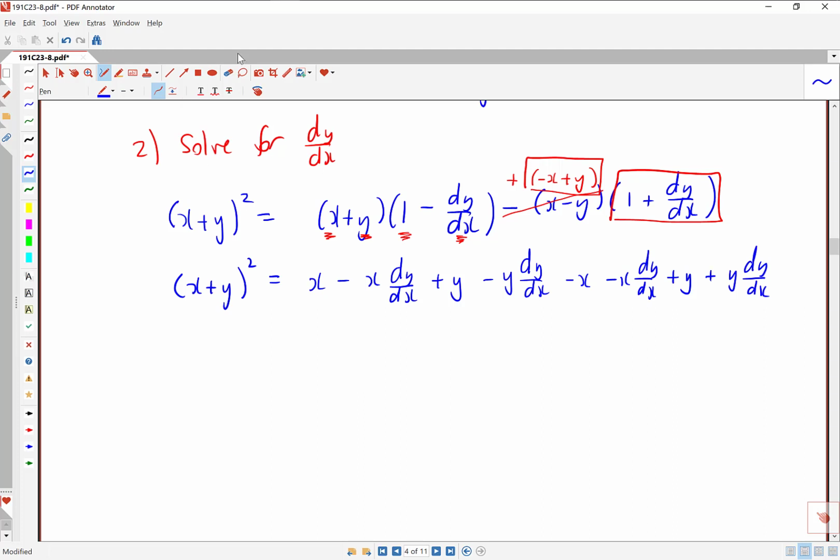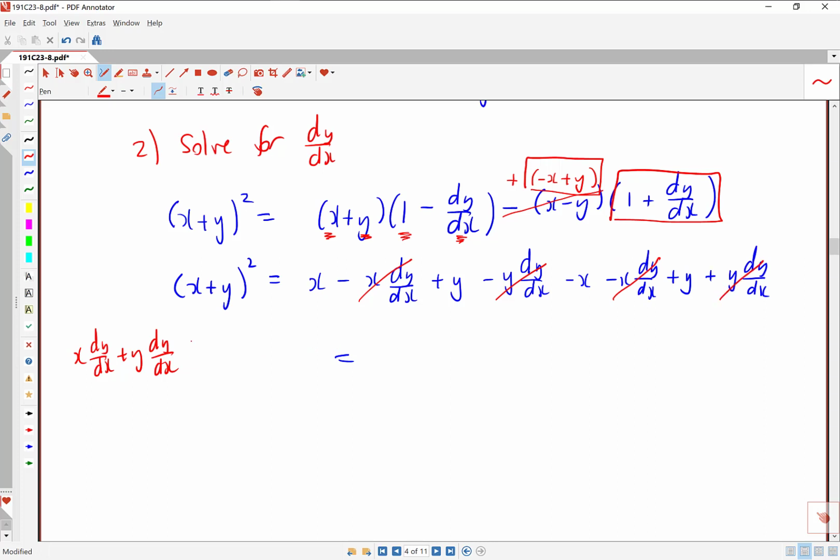So now what we're going to do is try to bring our dy by dx terms over to the left side. Maybe let's just cross them off as we do that. So we'll have a plus x and a plus y times dy by dx, and we got a couple more coming. We've got another plus x, and then that'll be a minus y.